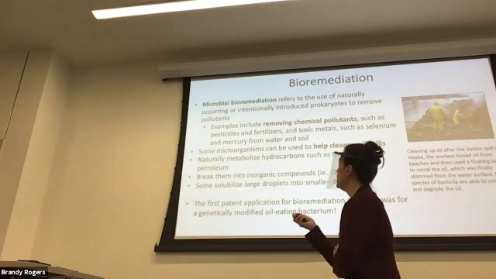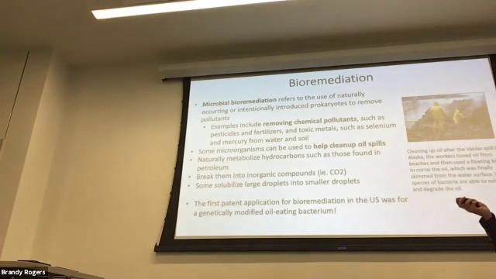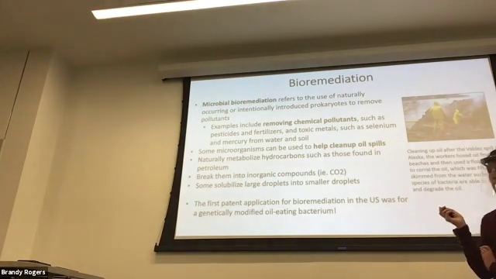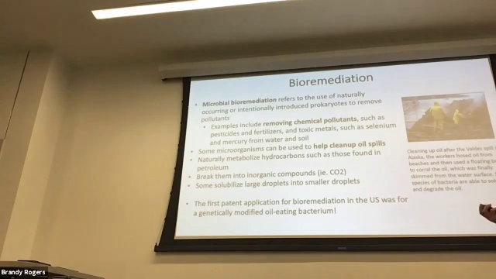Like if you ingest a whole bunch of selenium and mercury, that is bad for you, yes? That is not what you want to do, but there are microorganisms who thrive on that kind of thing, right? And so we can harness those naturally occurring abilities to help us clean up water and soil where that stuff exists, where we don't want it, right? Because it can be harmful to us. So this is a nice little example here.